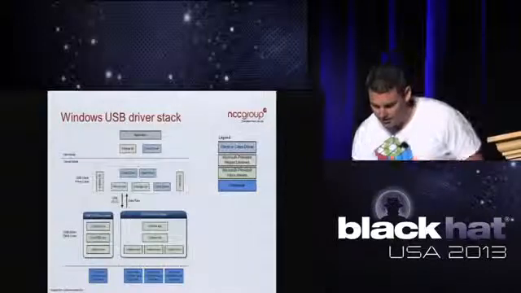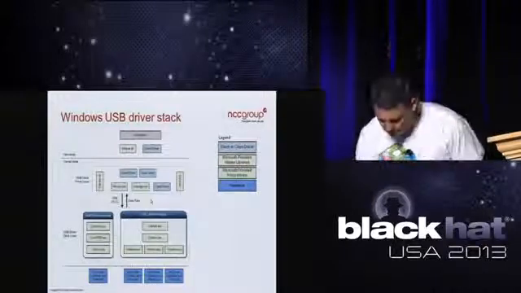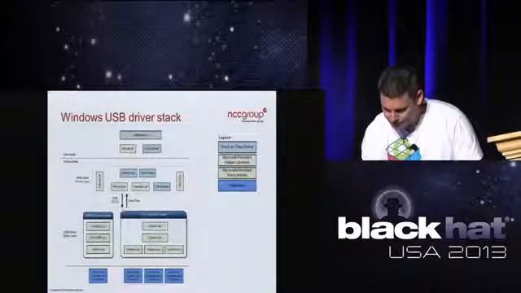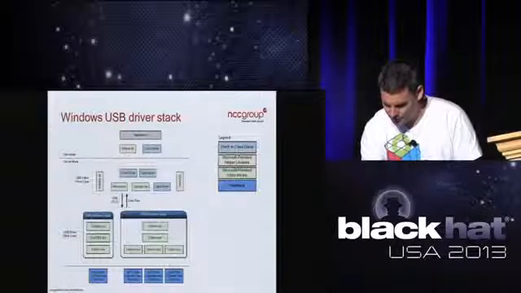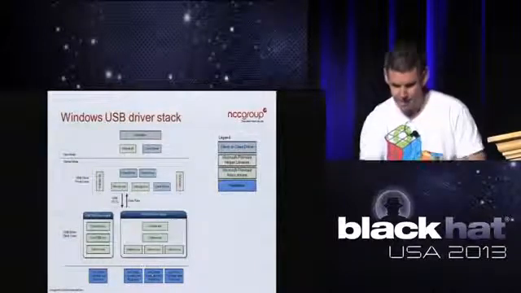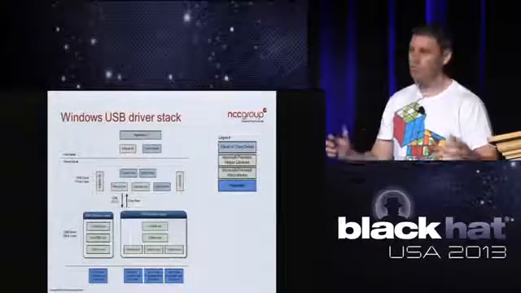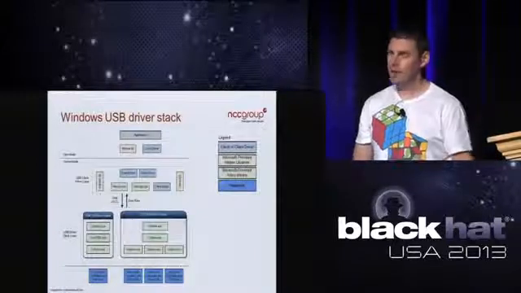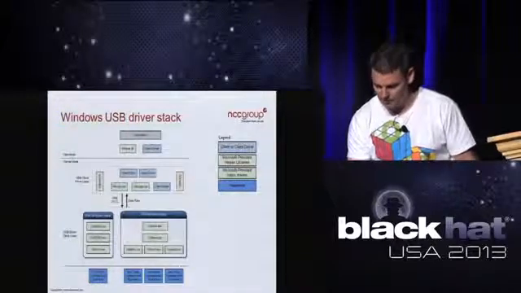So, a few high-level diagrams of USB driver stacks, just so that I can talk about a few different components. You can see there are a number of different host controllers here, things like OHCI, host controller interface. So there are a lot of different components to provide compatibility with older versions and slower implementations of USB.